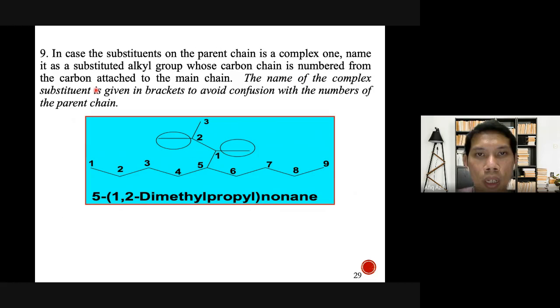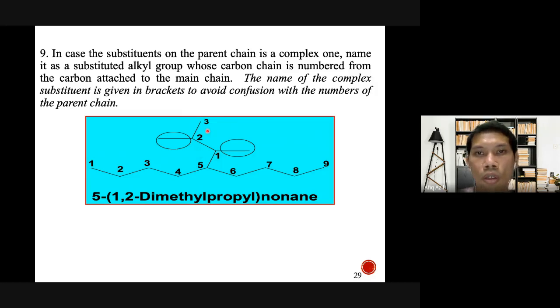And in case the substituent on the parent chain is a complex one, something like this, you have a branch, and the branch itself contains other substituents of its own.